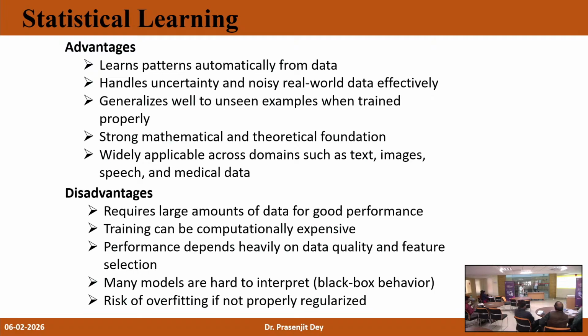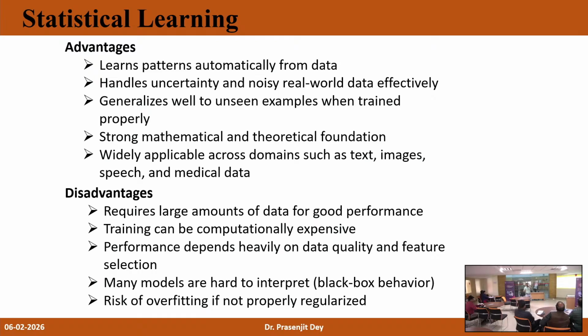So what are the statistical learning advantages? It learns patterns automatically from the data. Without data it will not work, as simple as that, because statistics comes only from the data, probability only comes from the data. It handles uncertainty and noisy real world data efficiently. It generalizes well on unseen data.